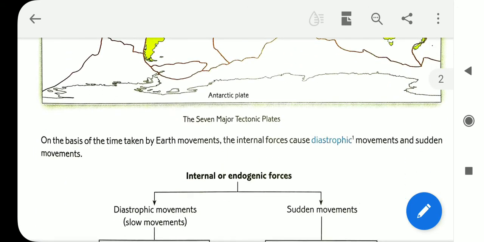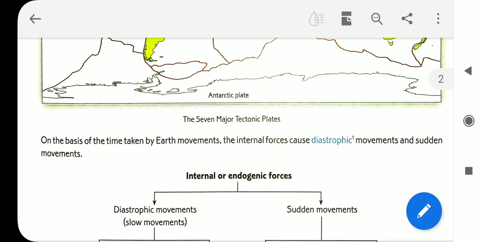On the basis of the time taken by earth movements, the internal forces cause diastrophic movements and sudden movements. Diastrophic movement means sometimes some areas are expanded and some are compressed. So this system is known as diastrophic movement.